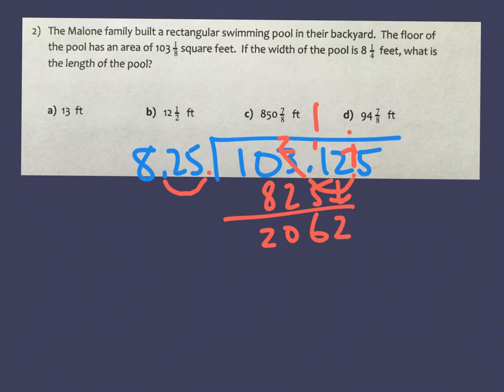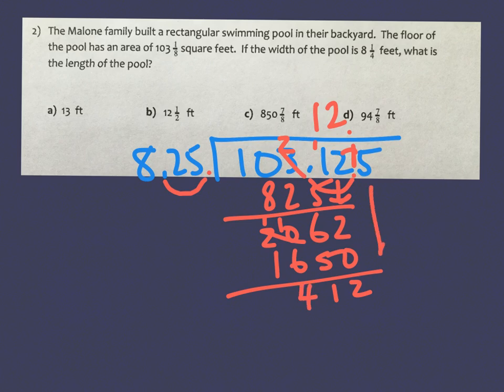Bring down the 2. 825 into 2062 would go twice. Bring down the 5.